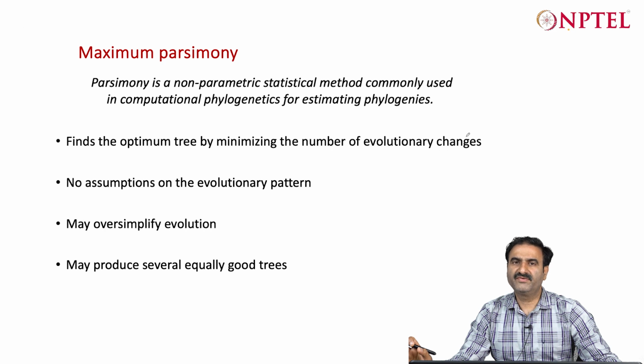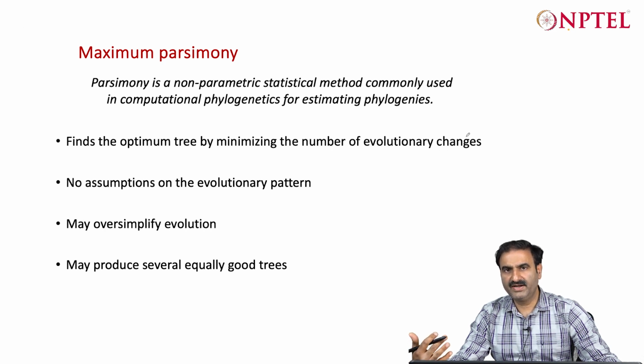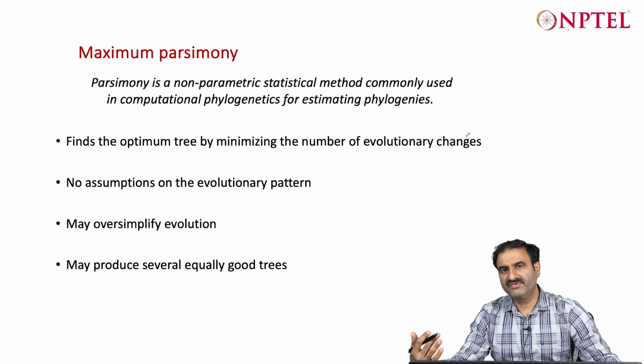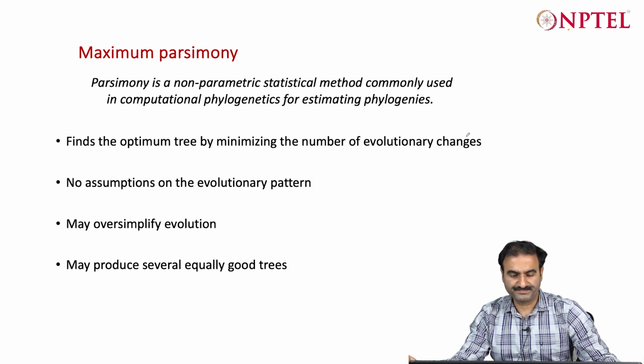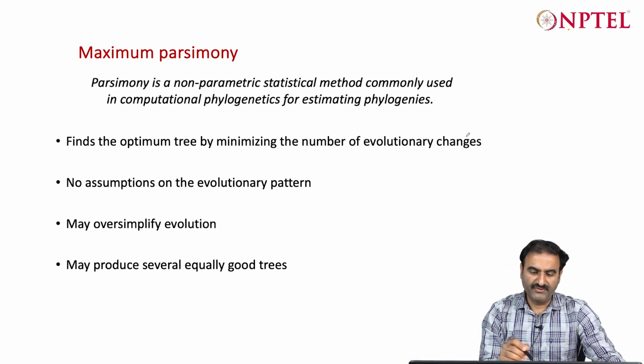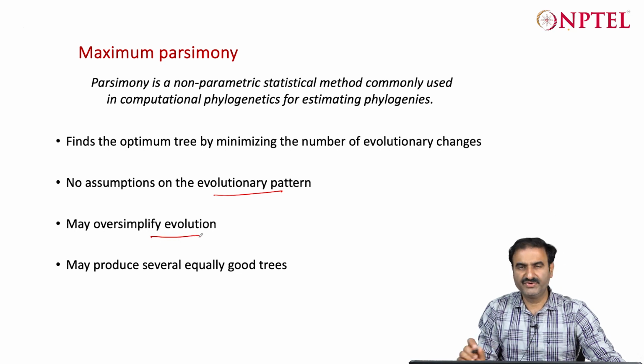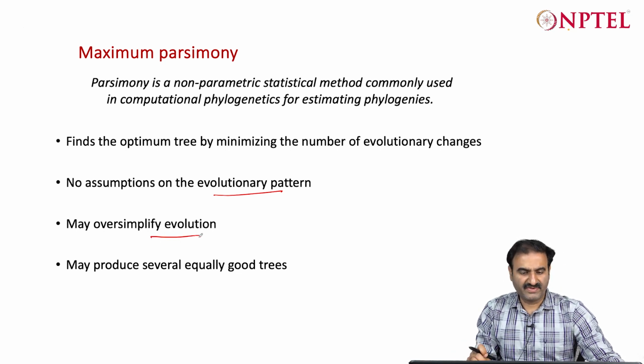Okay, so basically it is trying to simplify evolution and assuming that too many changes cannot occur at a given position, and it is using only the informative or the selected sites for its calculation. Okay, so it does not assume any evolutionary pattern, and that way it oversimplifies evolution, and we will see in the next example also. Okay, so again it may produce many trees based on the method it employs.